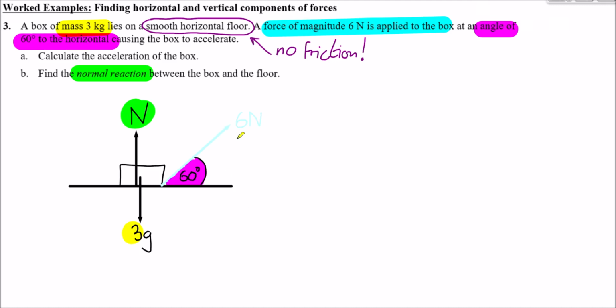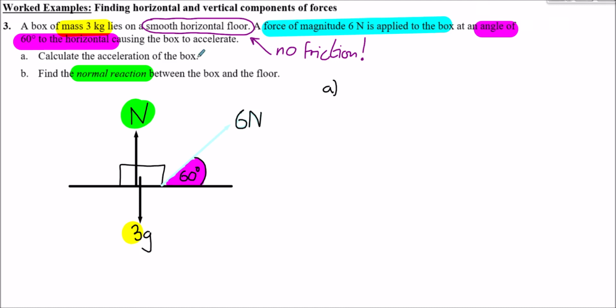So what we now need to do is to calculate the acceleration of this box. On second thoughts, this 6 newton might be a bit hard to read, so I'm just going to label that as 6 newtons so it's a bit clearer. That's going up. So for part A, the acceleration of the box. The acceleration is basically going to go horizontally. There's going to be no acceleration going upwards.